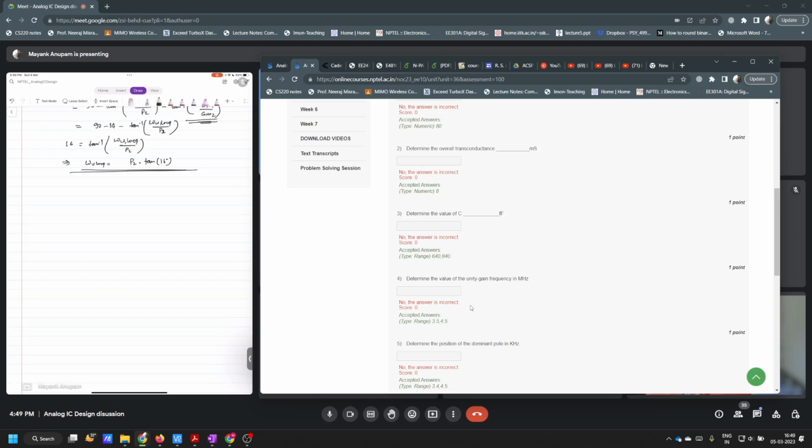The reason many of the questions were wrong is that I calculated in radian per second, but I put that answer in hertz only. I forgot to convert it into hertz. That was the main problem. I think if we put the exact equations for p2 and omega u loop, their range will match.